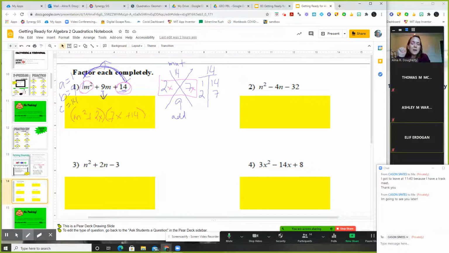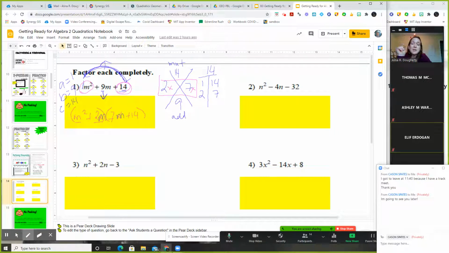Now is where we have to go back to what we were doing yesterday. What's the greatest common factor of m squared and 2m? What can I divide both of those by? And oh, that's an m, not an x. What can I divide both m squared and 2m by?